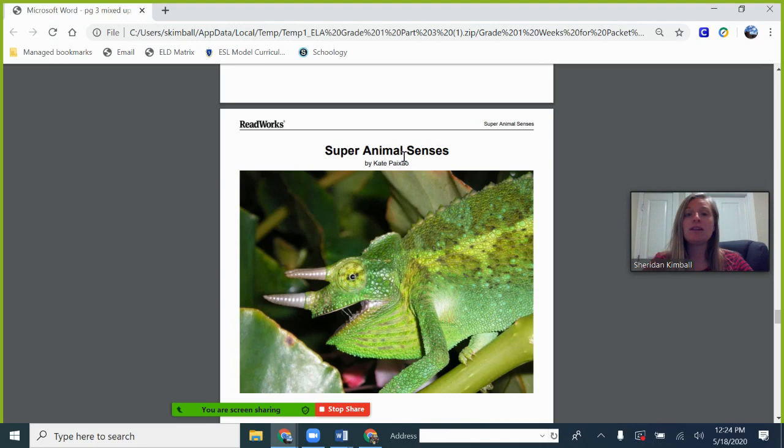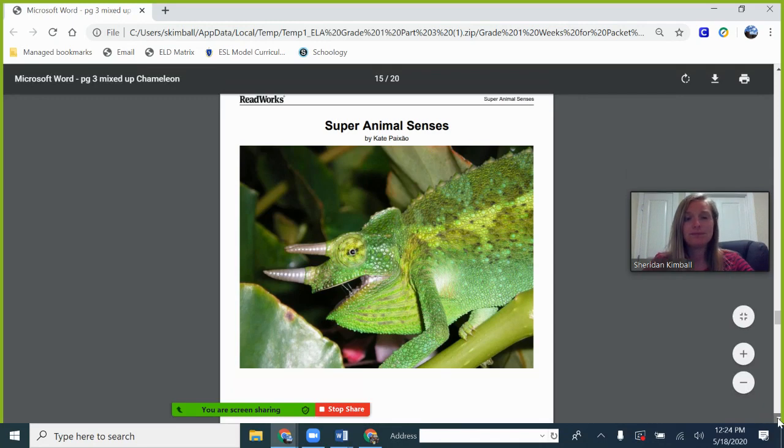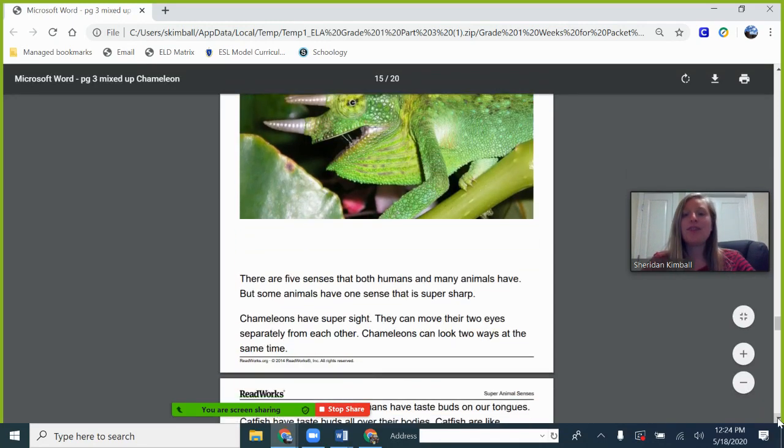Super Animal Senses by Kate Paixão. There are 5 senses that both humans and many animals have. But some animals have one sense that is super sharp.